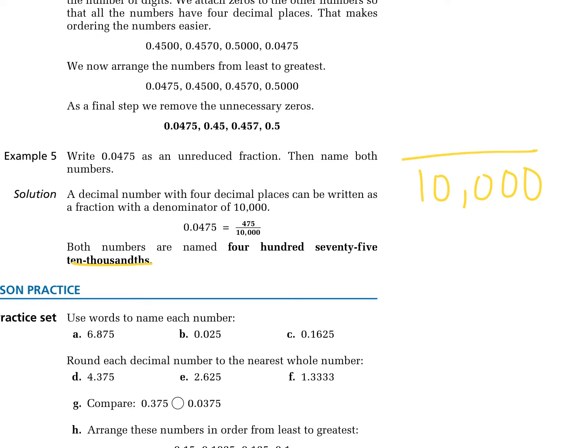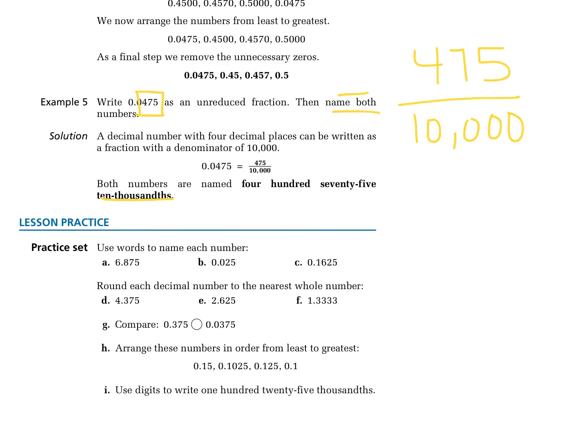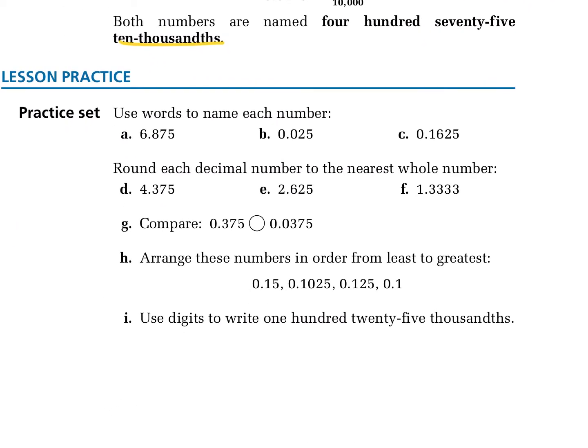Okay, and the value in that place is 475. That's where we get right here, that would equal it in a fraction. Now it says to, does it say to, unreduced, so turn it into a fraction. Okay, so now I want you to do your practice set.